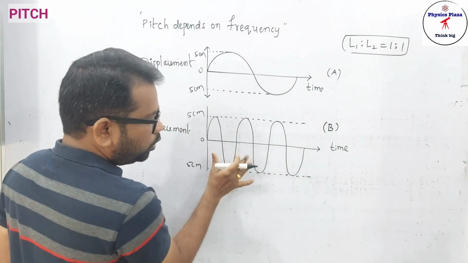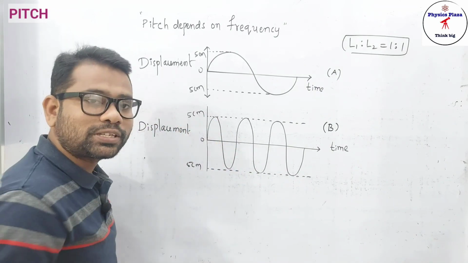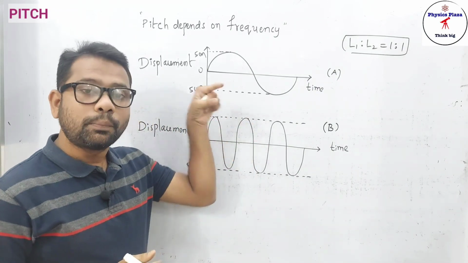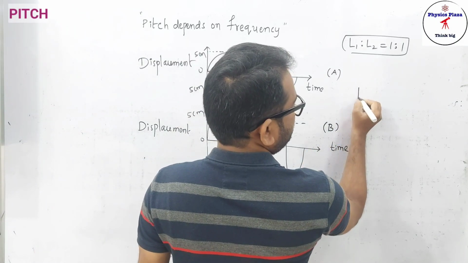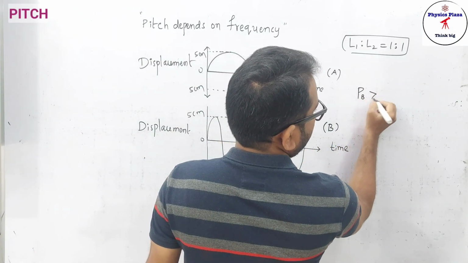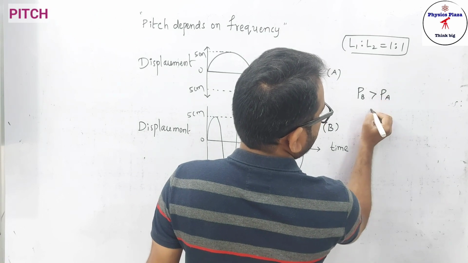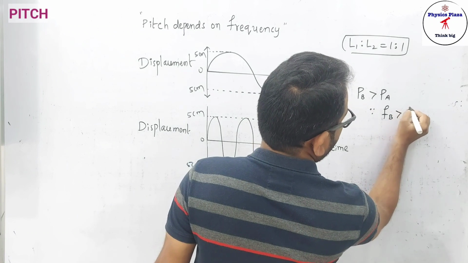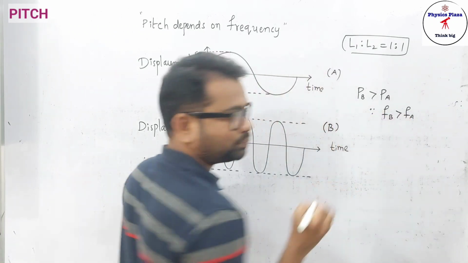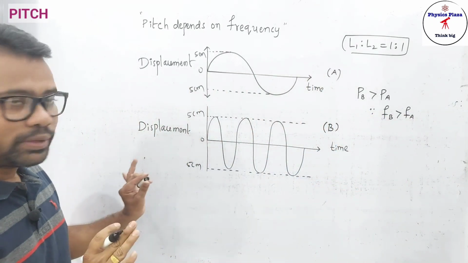More waves, so more frequency, more pitch. So wave B has more pitch than wave A. So we can write: the pitch of wave B is greater than that of wave A. What is the reason? The frequency of wave B is greater than the frequency of wave A. Is it clear, children? Hope it's very clear.